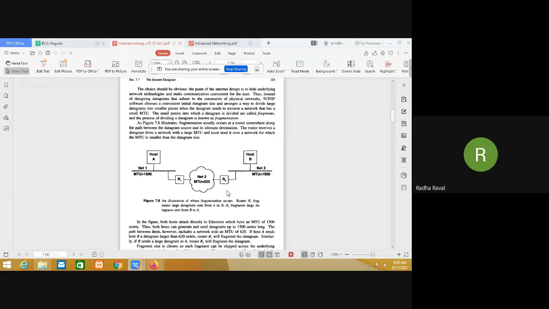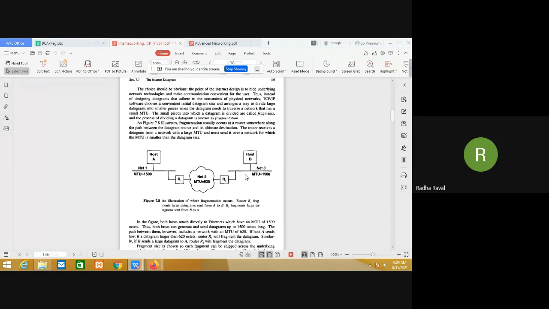So in the figure, both hosts are attached directly to the Ethernet. Here you can see the direct connection. They are directly connected to the Ethernet, which has an MTU of 1500. You read in the previous paragraph what size the Ethernet of MTU 1500 carries. So both hosts can generate and send a datagram up to 1500 octets long.